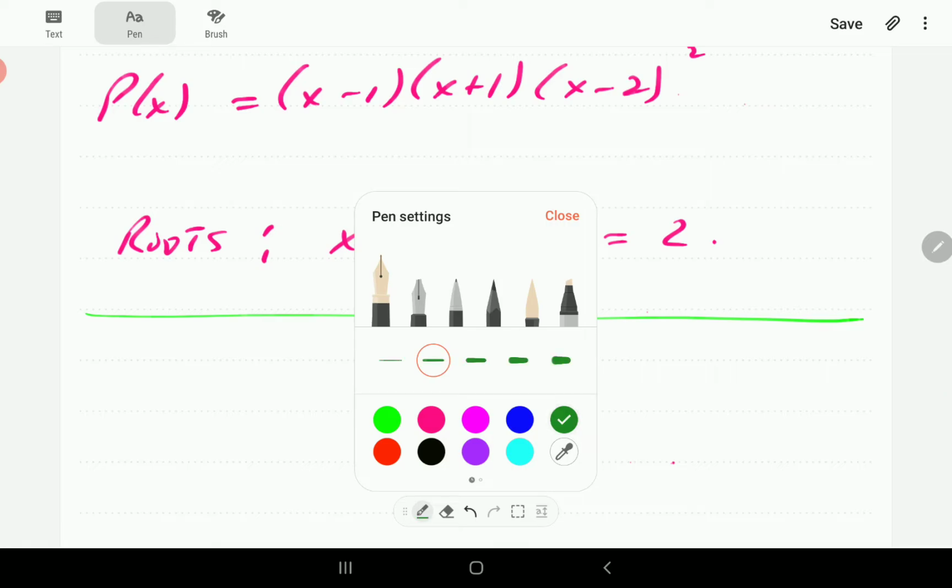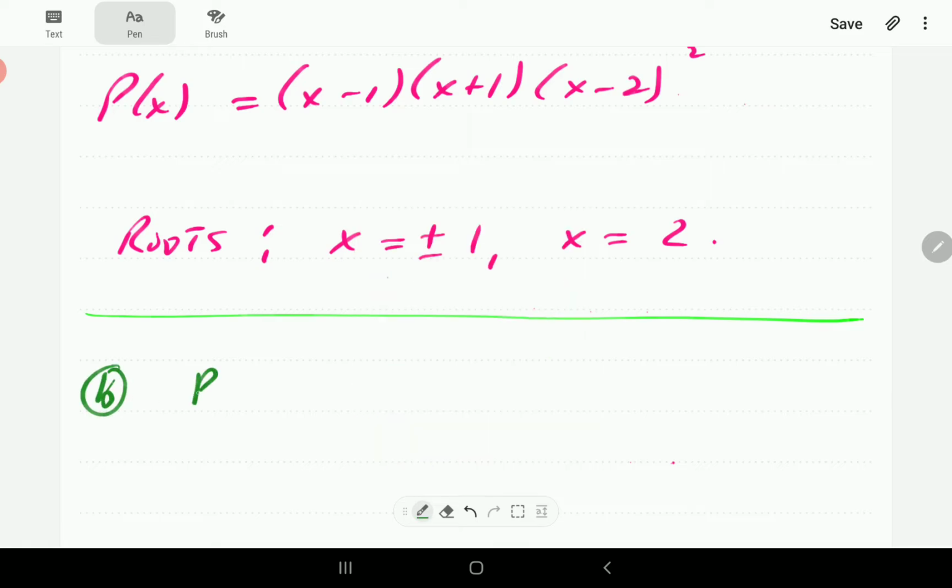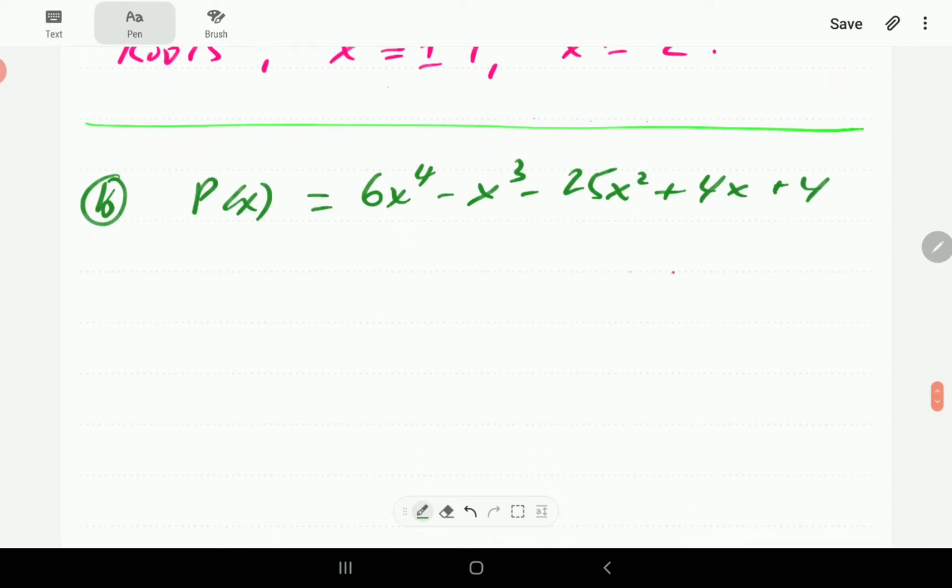p of x equals 6x to the power 4 minus x cubed minus 25x squared plus 4x plus 4.